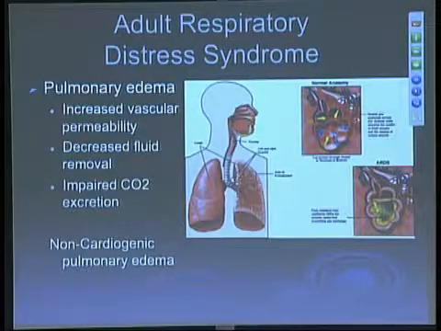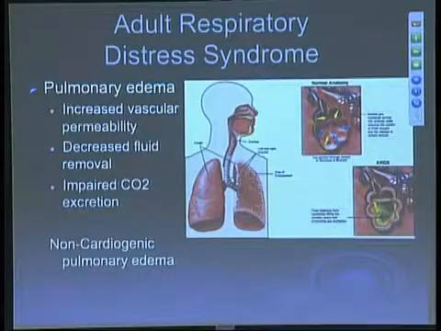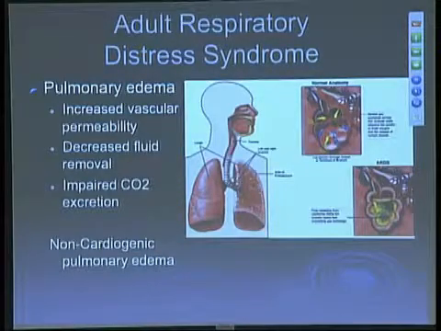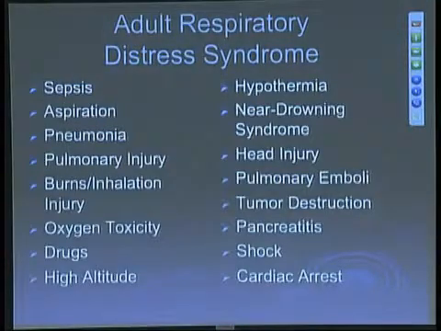It's increased vascular permeability for whatever reason, decreased fluid removal for whatever reason, and then impaired CO2 excretion, partly because of the edema. And the basic problem is interstitial fluid.